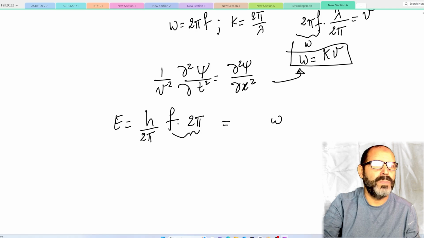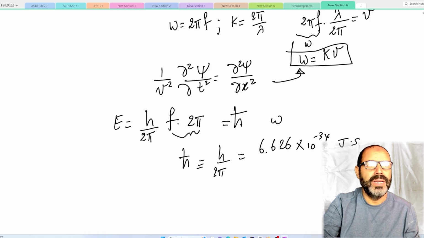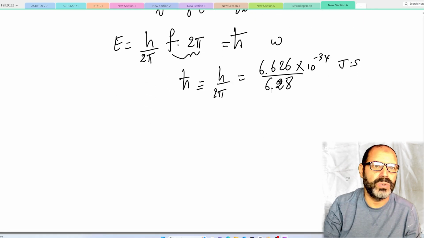And of course, h over 2 pi is a new constant, which I'm going to call h bar. h bar is by definition h over 2 pi, and h is Planck's constant, 6.626 times 10 to the negative 34 joule seconds, divided by 2 pi, which is roughly 6.28. So this is about 1.05 times 10 to the negative 34 joule seconds.